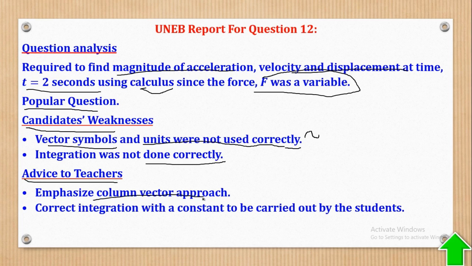So when you're integrating, it's better to express your vectors in terms of column vectors. Otherwise, if you use ijk, it may be more confusing. Then two, correct integration with a constant to be carried out by the student. So the constant of integration must be shown after integrating as long as the integral is indefinite.